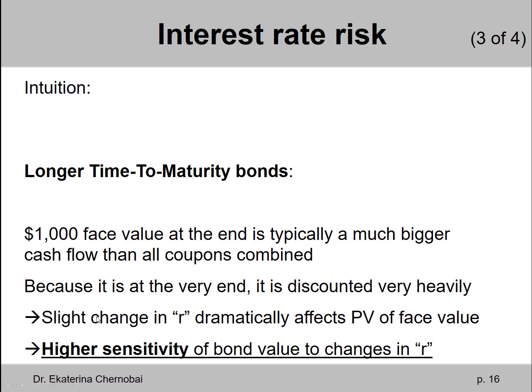And so any slight change in the interest rate will dramatically affect the present value of the face value of the bond. So if the interest rate goes up, the present value will go down by a lot. And so because it's a huge portion of the sum of all cash flows on the bond's timeline, we end up observing a higher sensitivity of bond value to changes in the interest rates.